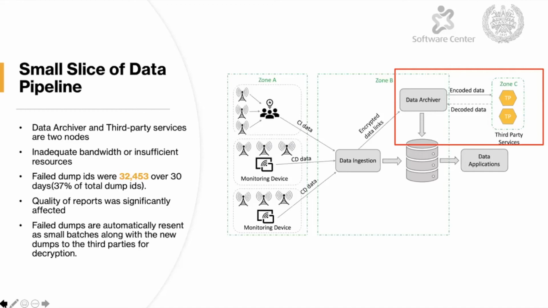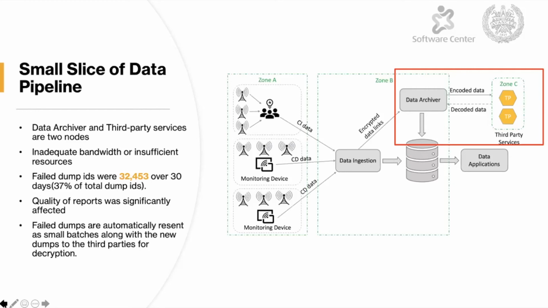They also collect data from the devices that are deployed in the customer premises, which is termed continuous deployment data. This data is ingested into the data pipeline, and sometimes there can be encrypted data links. These encrypted data links are sent to the data archiver, which will again send it to another third-party service, which is located in Zone C, that is completely outside this company.